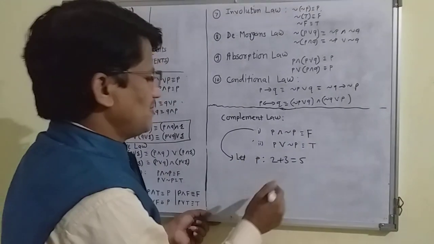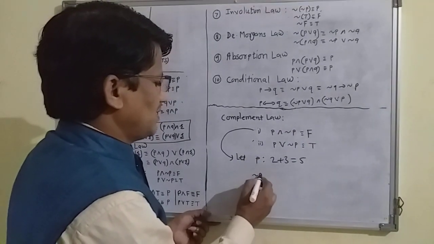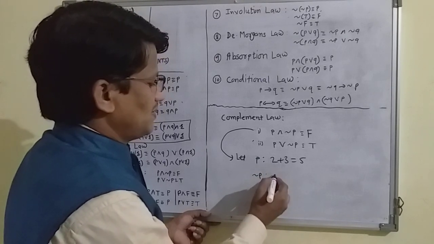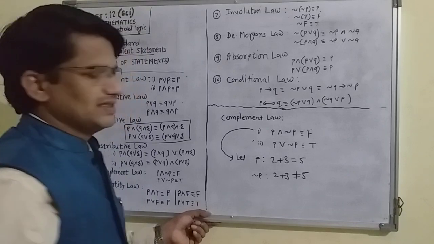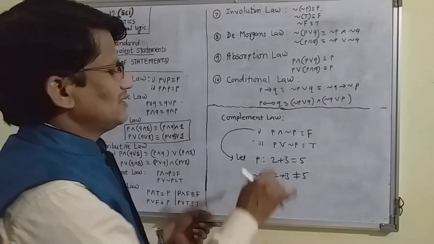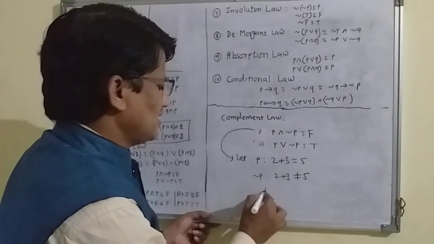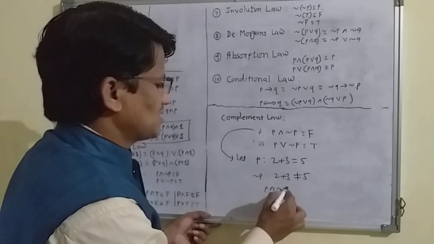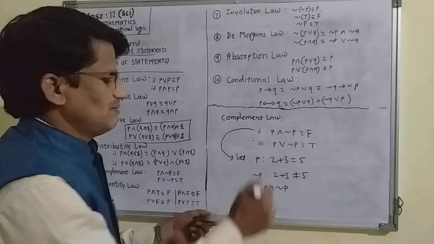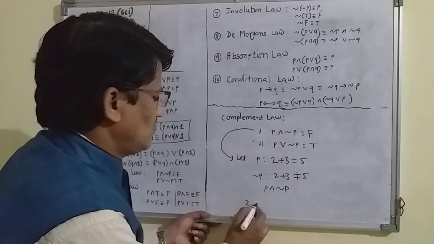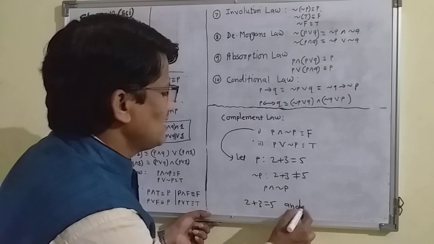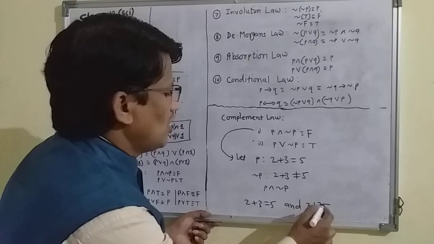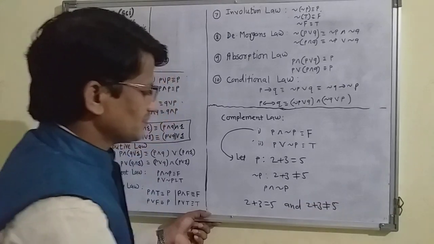And here negation P: 2 plus 3 not equal to 5. And they are connected. The result is P and negation P. P means 2 plus 3 equal to 5 here, and 2 plus 3 not equal to 5.